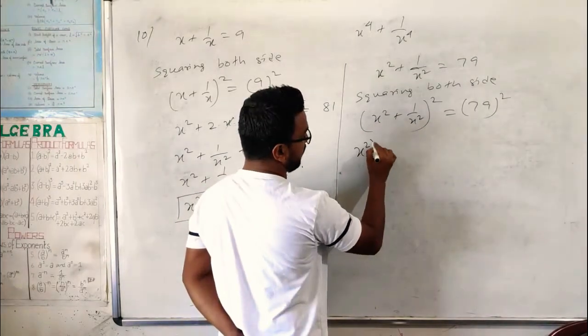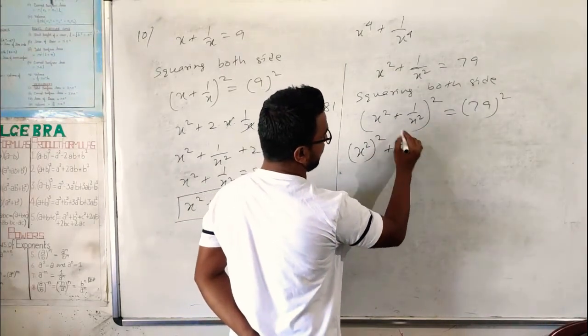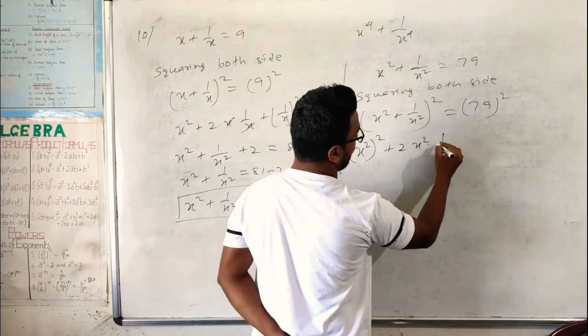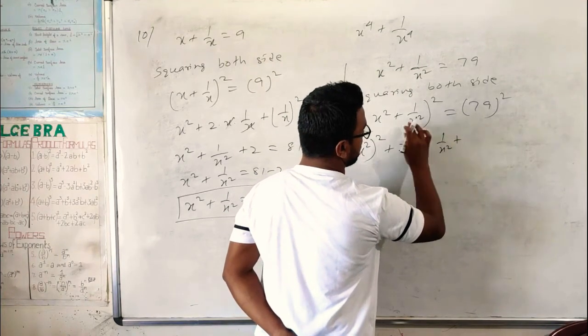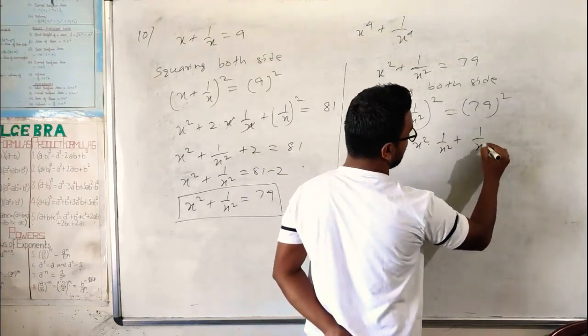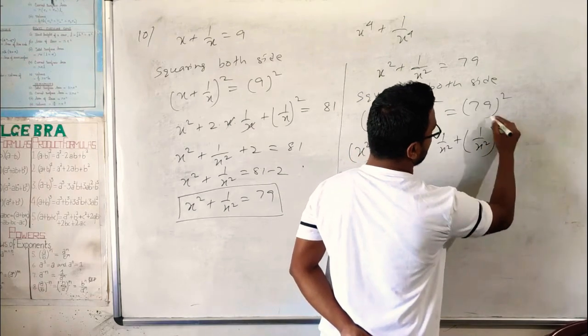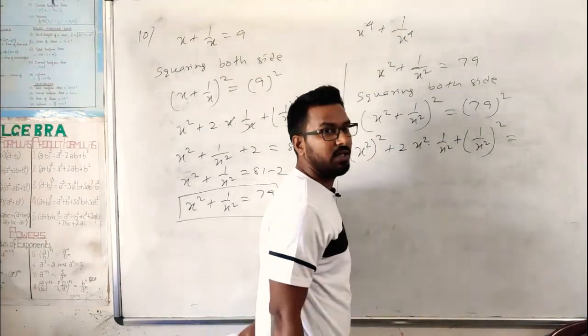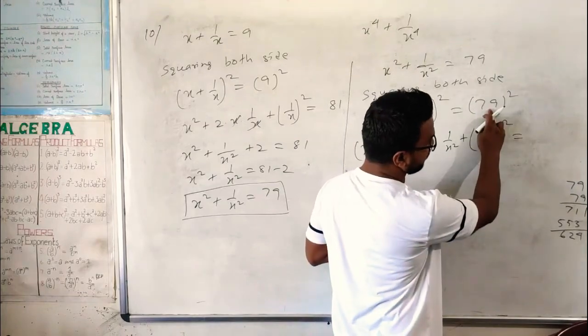So this will be a square plus twice a, where a is x square and b is 1 by x square, plus b square, 1 by x square whole square, equals square of 79, which is 6241.